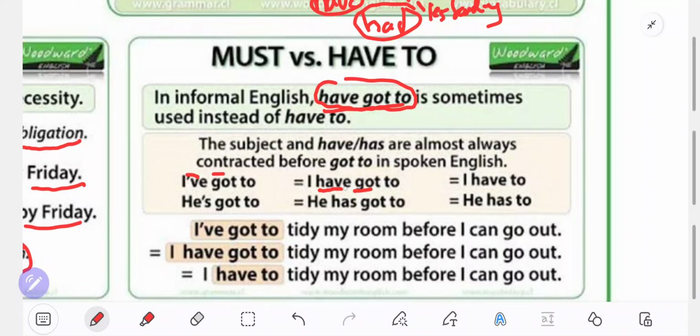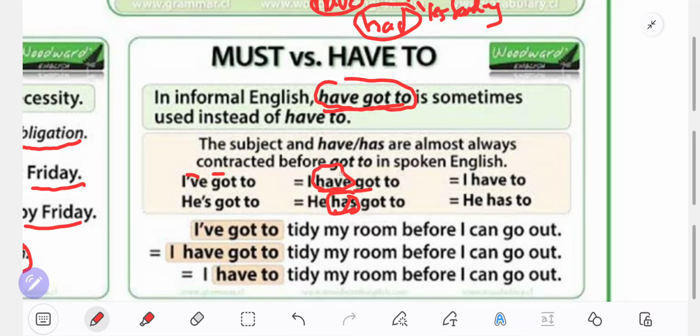This is for the word have. And for the word has, when we use have and when we use has depends on the subject. He, she, it use the word has, and for they, we, I, you use the word have.